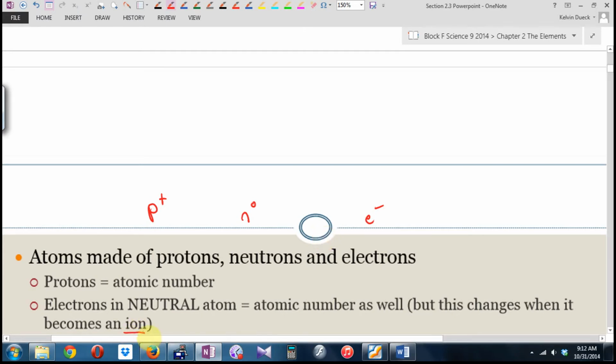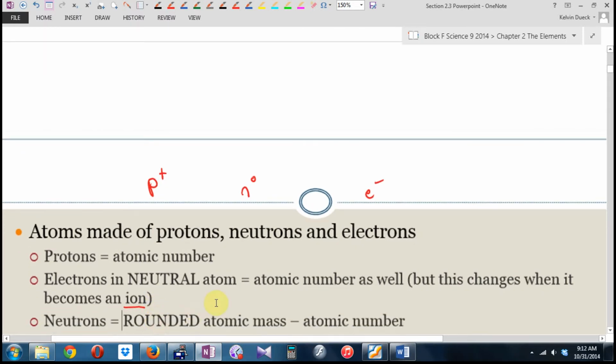Underline the word ion, that's going to become hugely important. Did I include the word ion on the sheet? No, so fill in the blank and circle it or star it. That's probably going to be our word of the rest of the chapter.